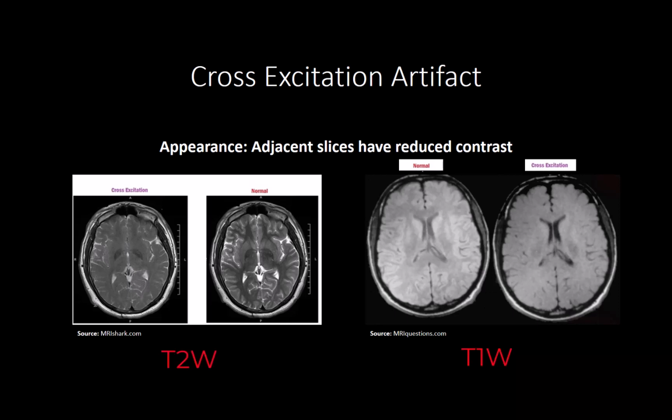You can see on these T2 axial brain sequences where you have normal image quality showing the difference between the white and gray matter, and the overall image signal is higher than the images with cross-excitation, where the white and gray matter do not have much contrast difference, and the overall signal has been reduced.